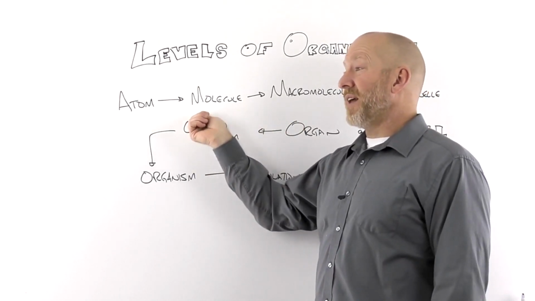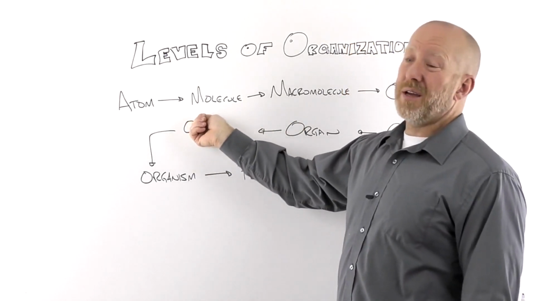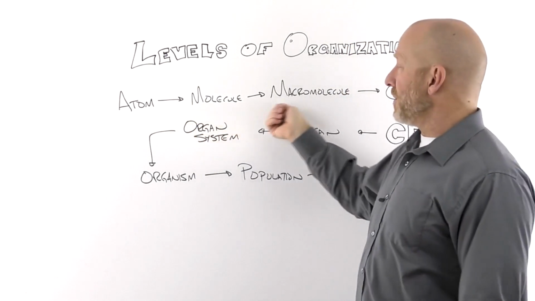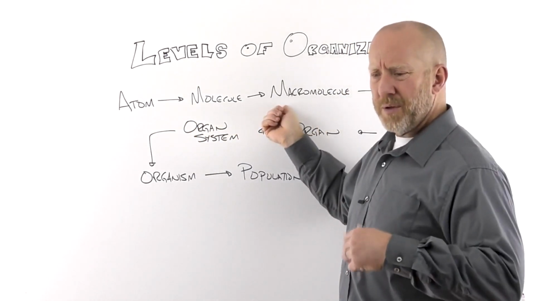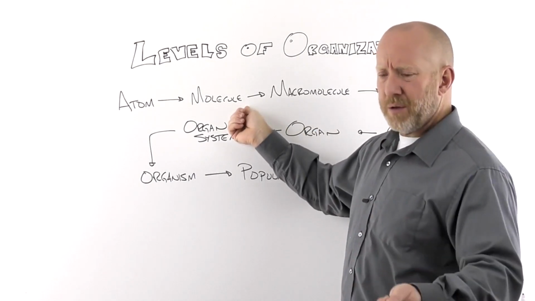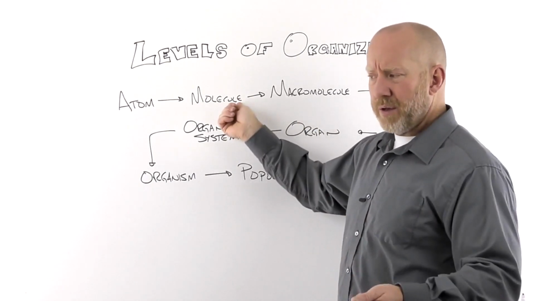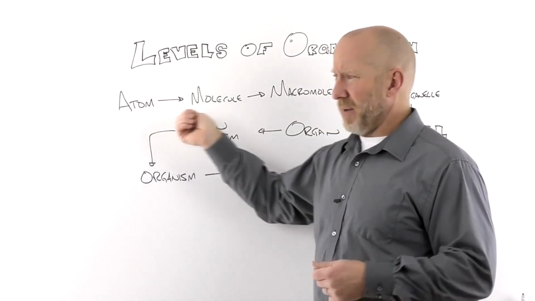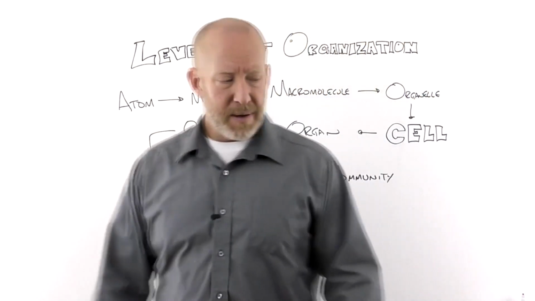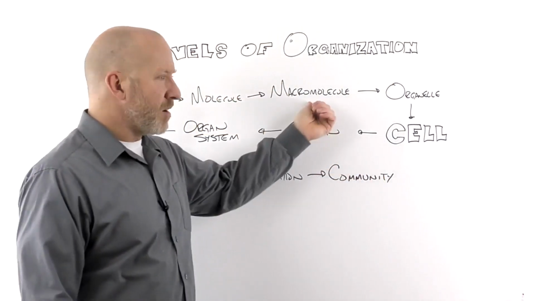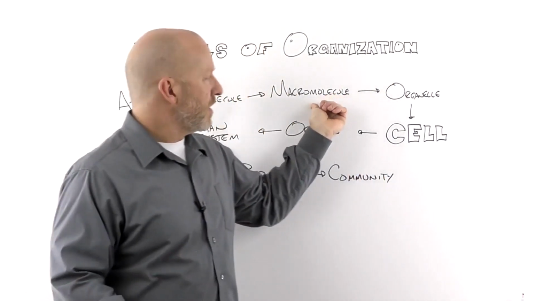We could take 2 fatty acids, a glycerol phosphate group, and an alcohol group, and that'd be a phospholipid. That'd be a macromolecule. So what's a macromolecule? 2 or more molecules bound together. Cool. What's a molecule? 2 or more atoms, chemicals, or elements bound together. That's cool. So now we have things like phospholipids and proteins and certain carbohydrates and lipoproteins.